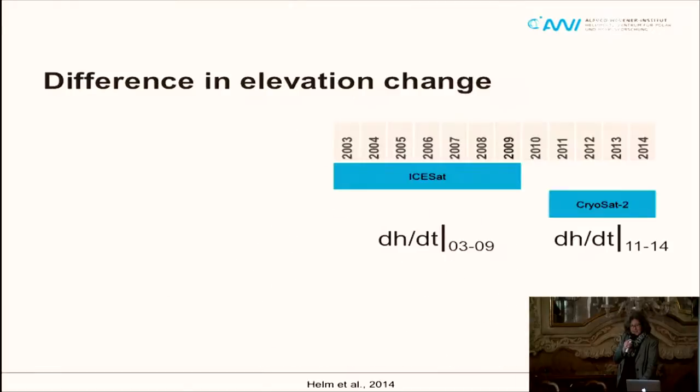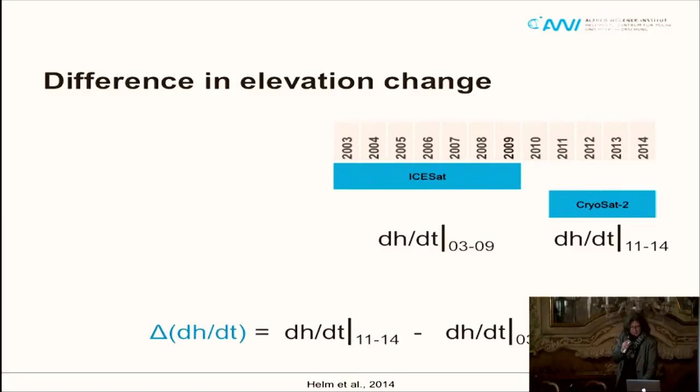But if you look at the Greenland ice sheet and look at how much the elevation change has changed, using another satellite system, ICESat-2 for example, between 2003 and 2009, you can estimate this elevation change for these two time periods and compare them to each other.